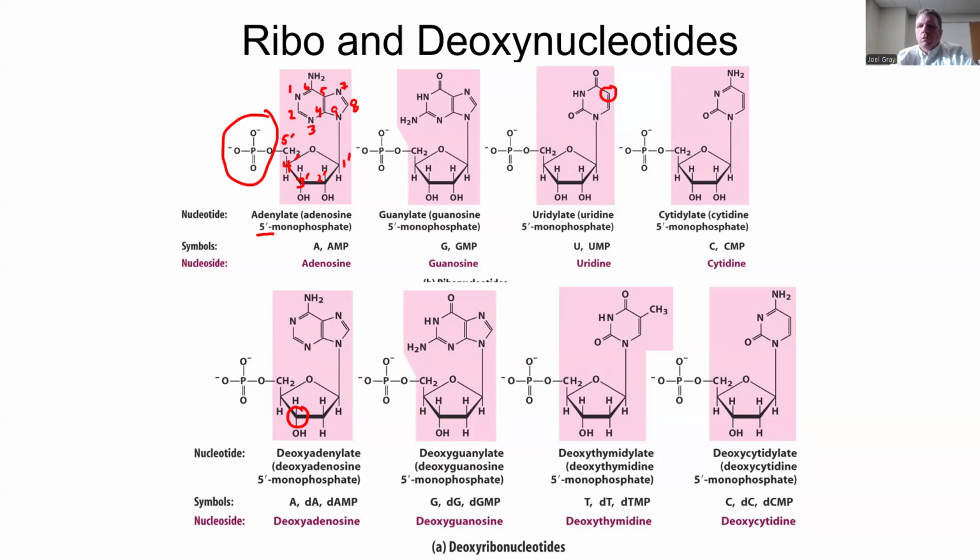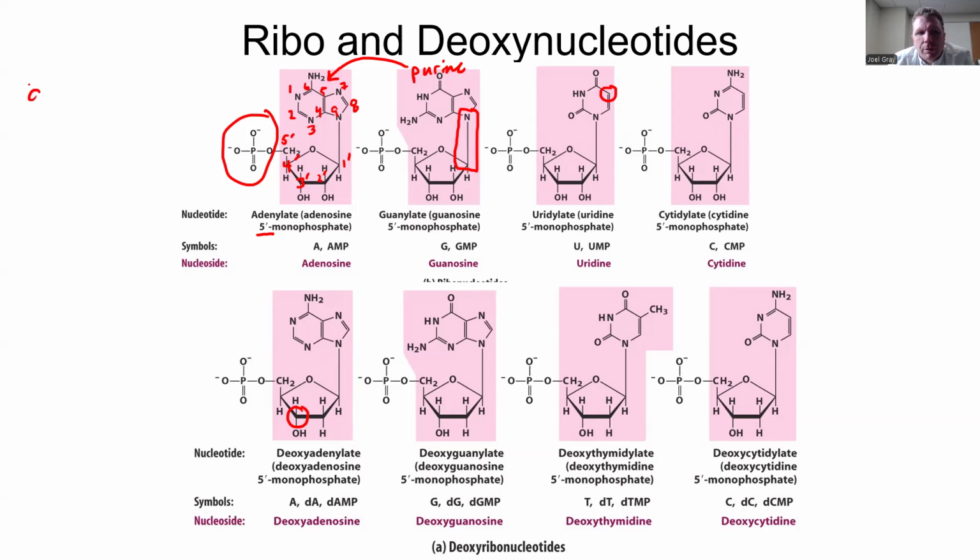Okay. So I bring this up because what I want to show y'all is this right here. That bond, that's a nitrogen to a carbon. Now, one of the questions that I always like to ask is this structure right here, this is a purine. This structure right here is also a purine.